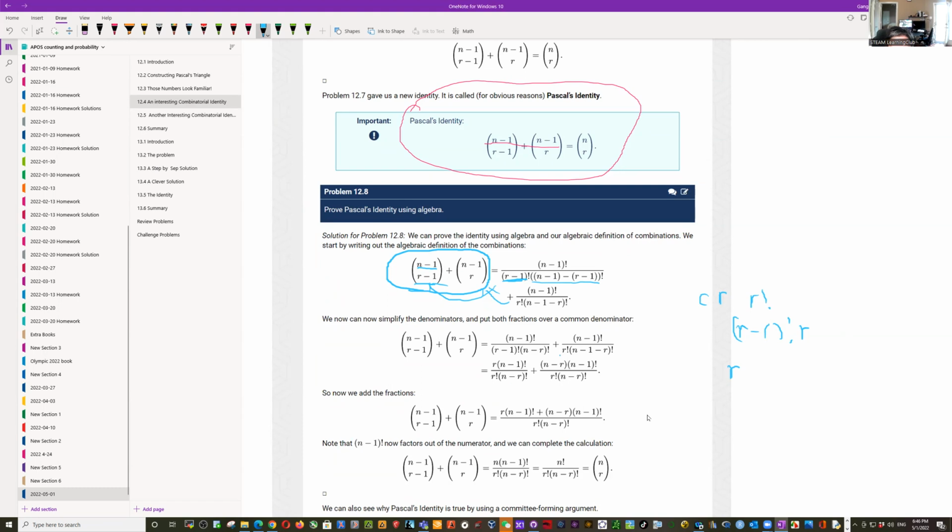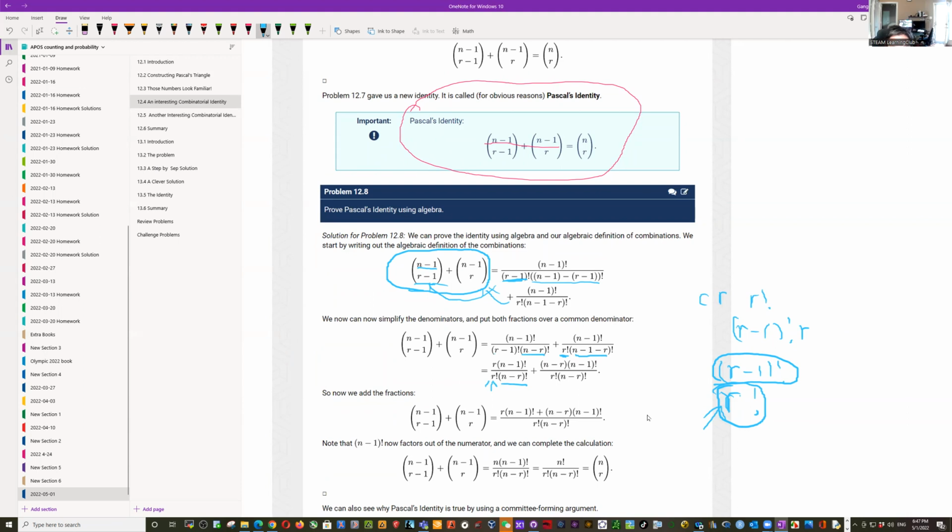So basically you take the bigger factorial, r minus 1 factorial and r factorial, r factorial is the bigger one. So we are trying to find a common factor, and it's combining to this one.